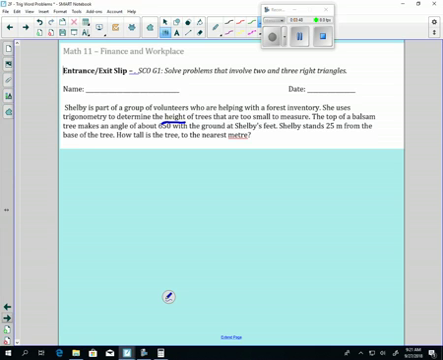Good example is, hey, this is my flagpole. Okay. And I want to know how high that is. Well, one easy way is you just measure the distance from the bottom of the pole out to here. Say you measure 10 feet. And then you stand there and you take an angle measure with a clinometer to the top of the pole. You find out what that angle is.